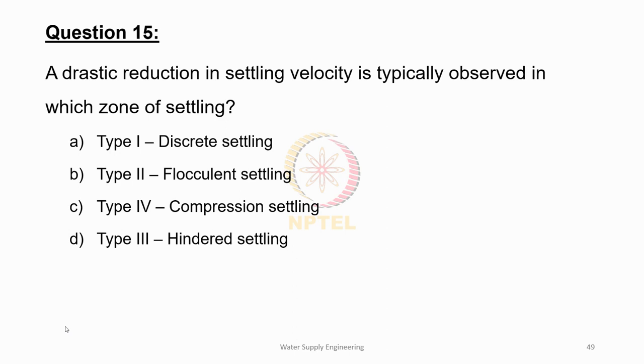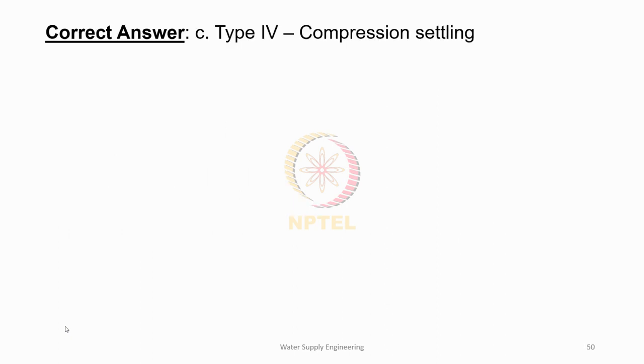Option C, type 4 compression settling. And option D, type 3 hindered settling. So, in which of the settling zones do we have drastic reduction in settling velocity? The correct answer is option C, type 4 compression settling.